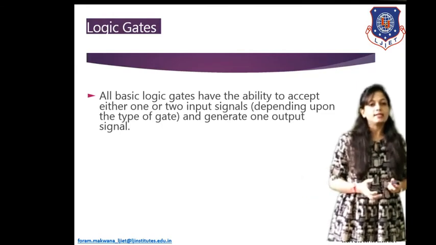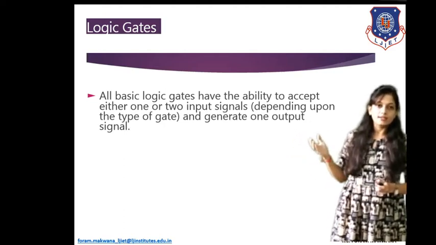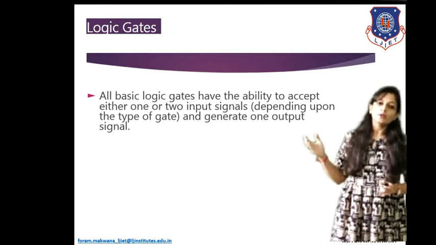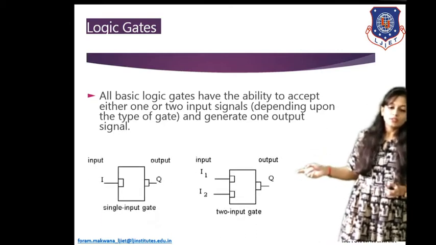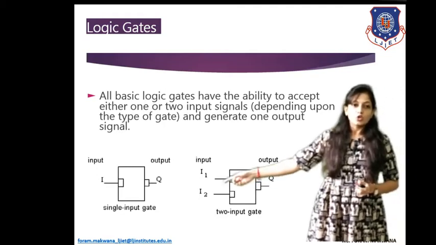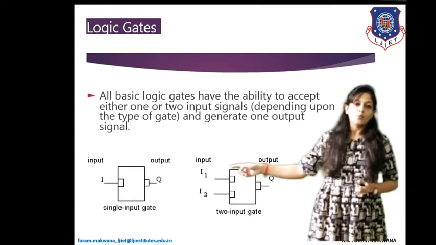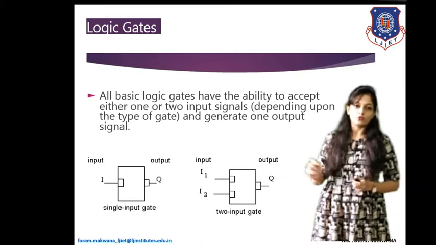You can say that a logic gate can have 1 or 2 input signals, and it has only 1 output signal, like this. See, the first diagram shows a logic gate having 1 input, and this logic gate has 2 inputs, and 1 output.